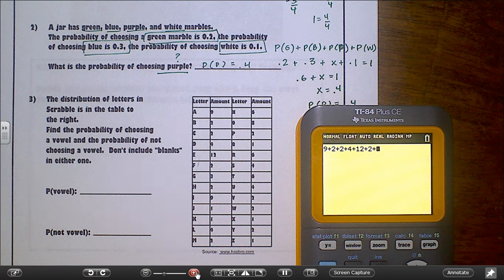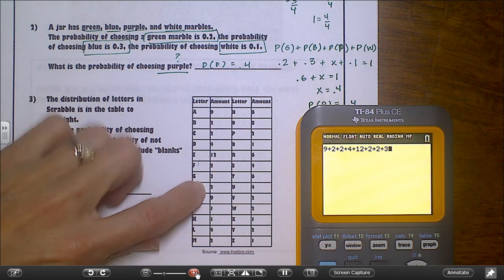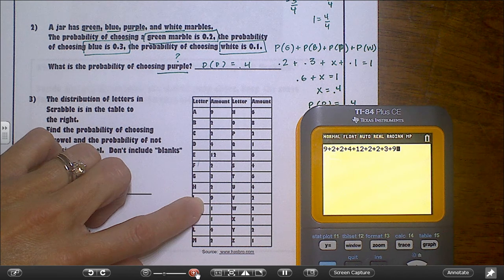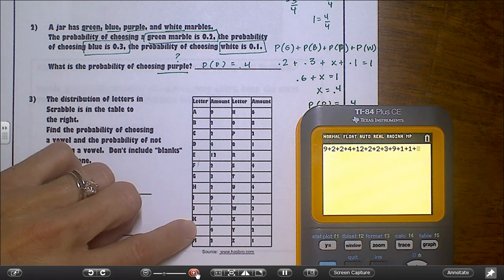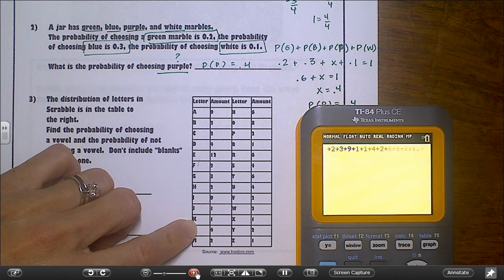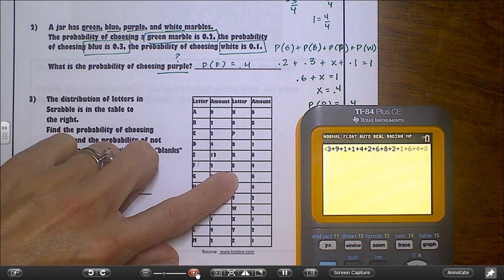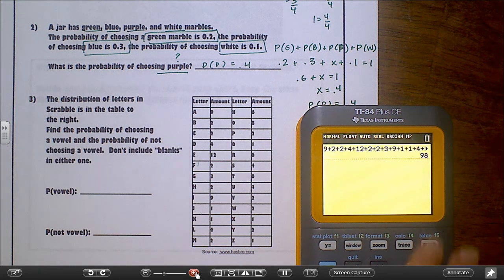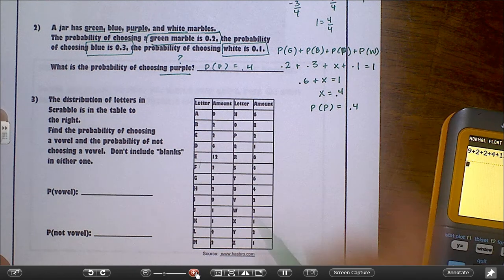Plus 2 plus 2 plus 3. 9, 1, 1, 4, 2. 6 plus 4 plus 6 plus 4 again, plus 2 plus 2 plus 1 plus 2 plus 1. Okay, so, yep, there you go. I should have just trusted my instinct. So I have 98 total.